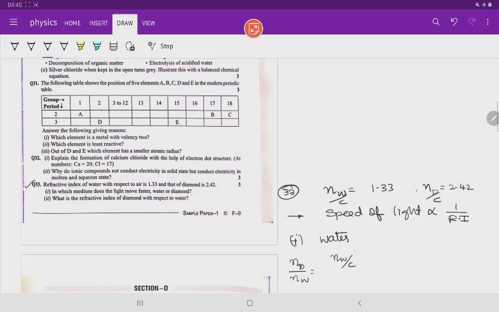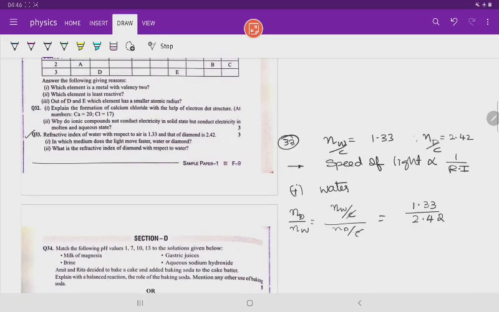Absolute refractive index is comparing the refractive index of any medium with respect to air or vacuum, divided by Nd by C. Both get cancelled. So we get 1.33 divided by 2.42. So it is 133 divided by 242.